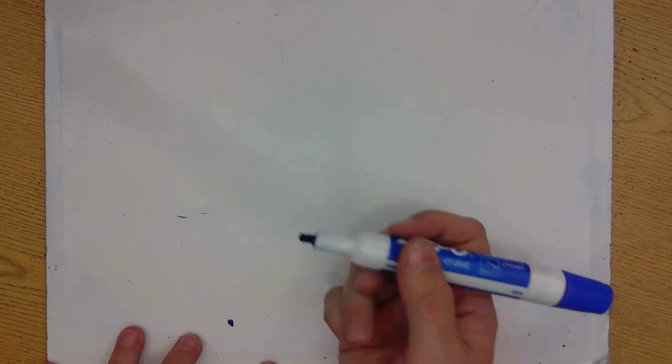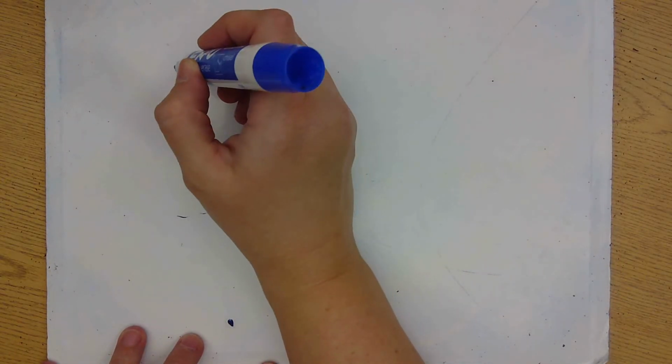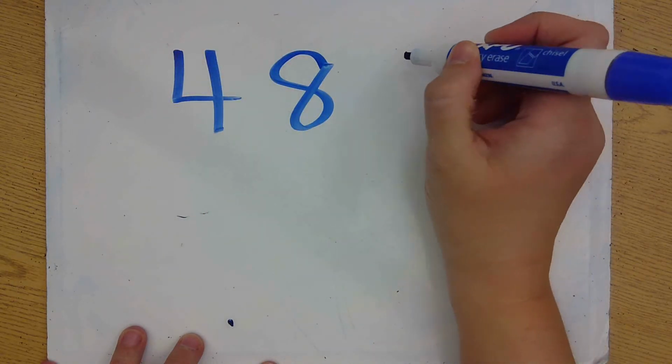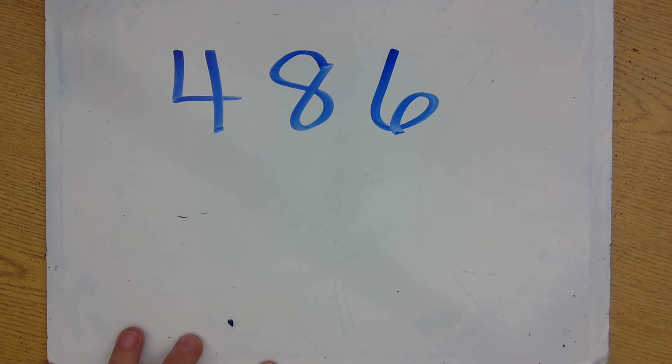Let's go ahead and try drawing one more problem. Let's go ahead and do 486. Go ahead and draw flats, longs, and cubes to represent this number. All right, boys and girls, let's check and see what you did.